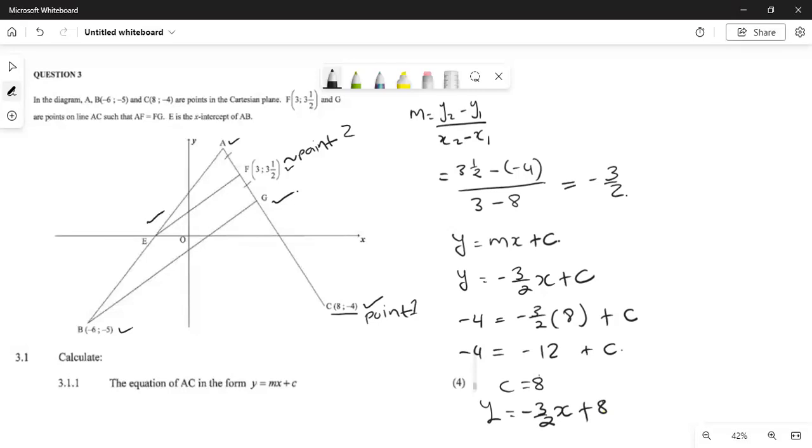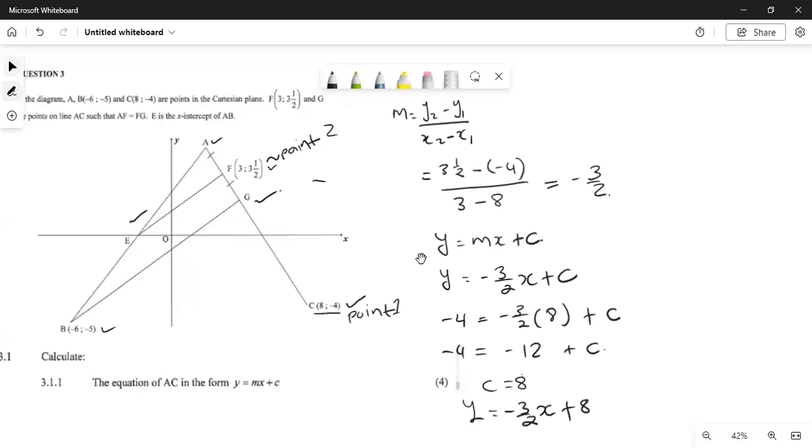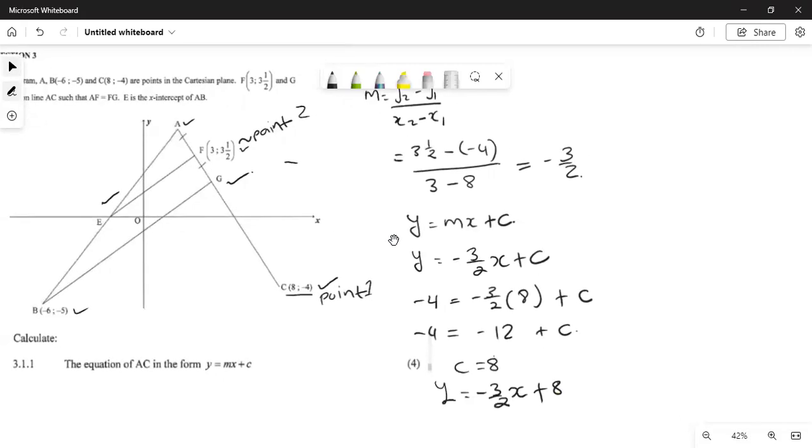Now, I did say there's another way we can substitute this. We will have y minus y1 = m(x minus x1). So let's go ahead and write that equation. Just going to move this to the side a little bit. Okay, so we will have y minus y1 = m(x minus x1).